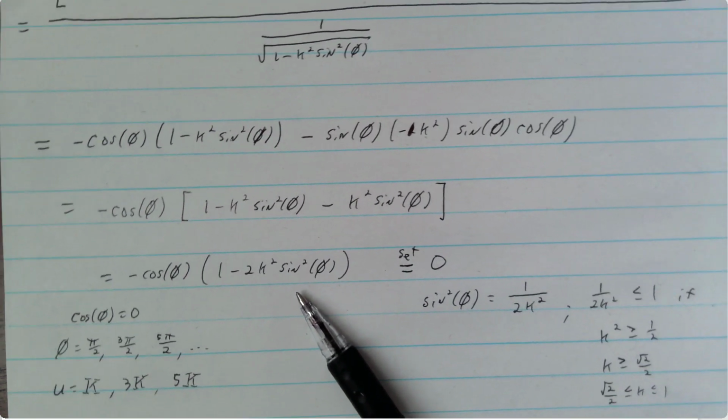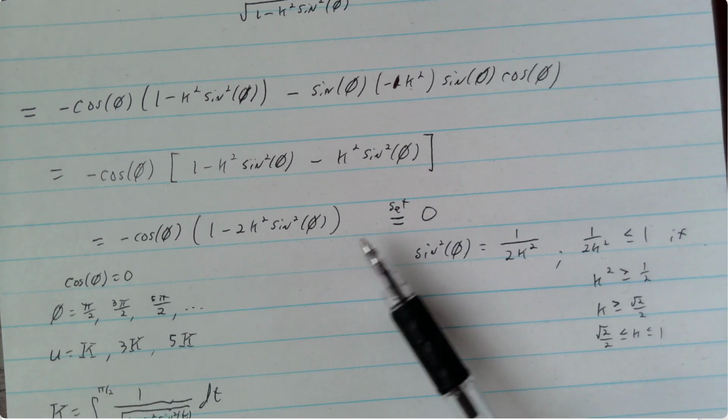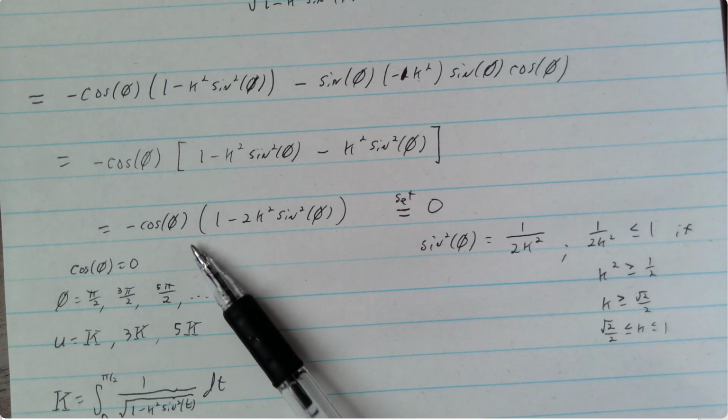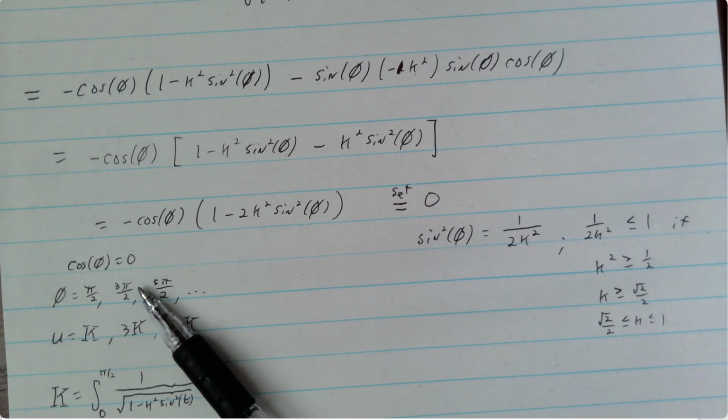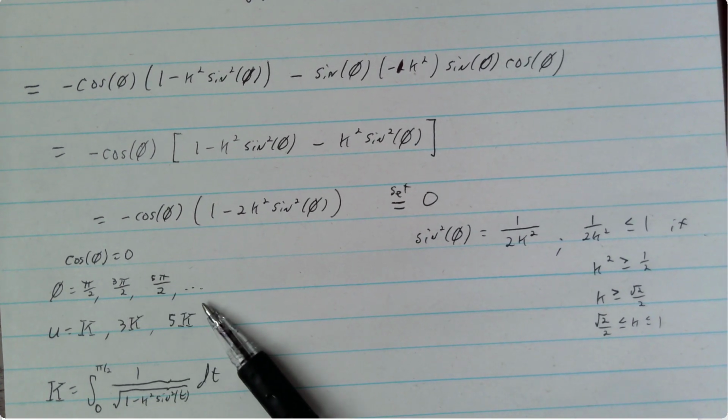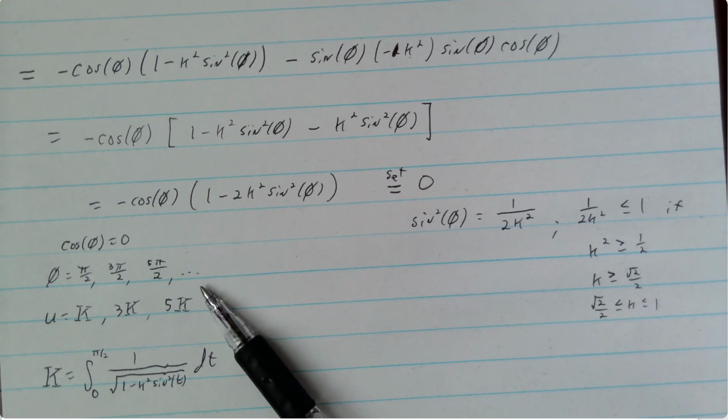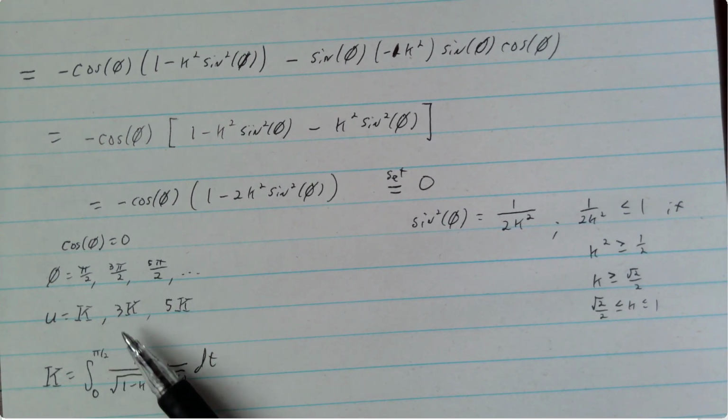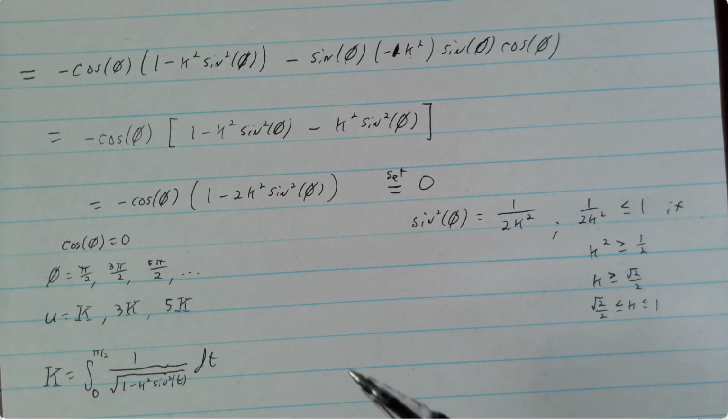And then if I put it equal to 0, we get cosine phi equals 0. And that occurs at phi equals these values, which corresponds to these values of the quarter period, which is where it crosses the u-axis. Right, so that's a point of changing concavity.